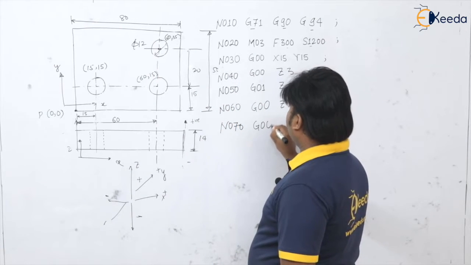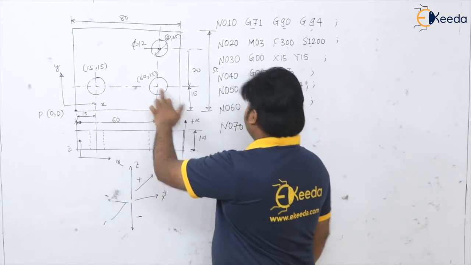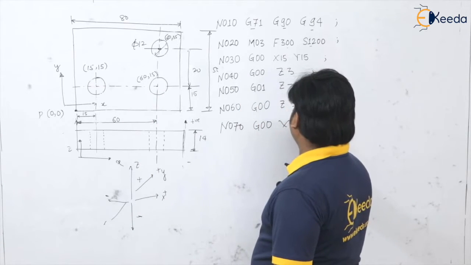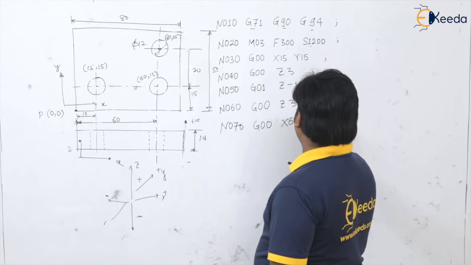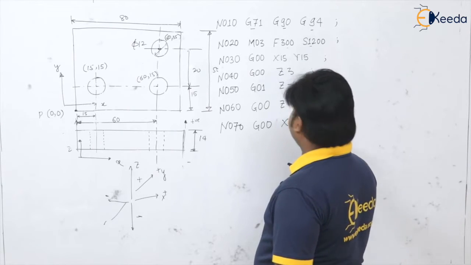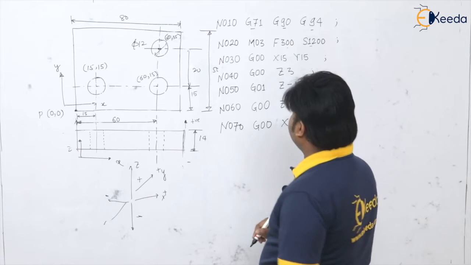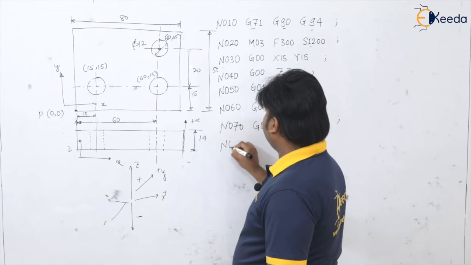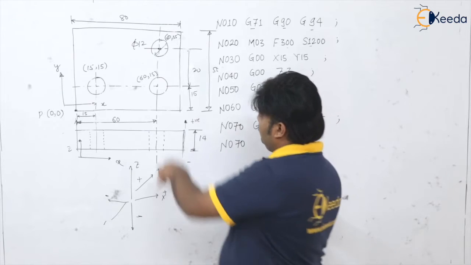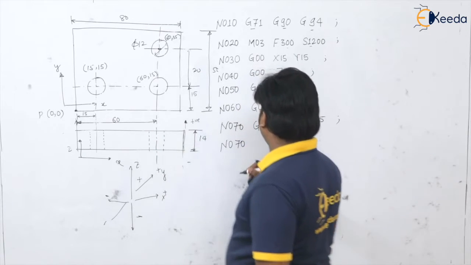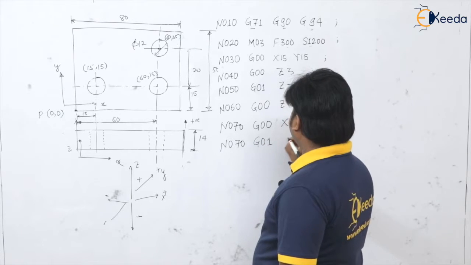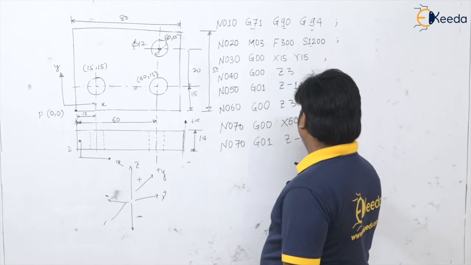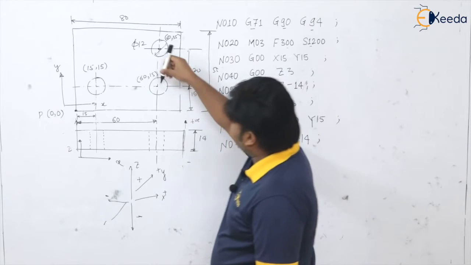Again no drilling, so rapidly you can come to this location, X60, and Y is 15. Still you are 3 mm above the surface of the work. Now you can go for the drilling operation, that is Z minus 14.